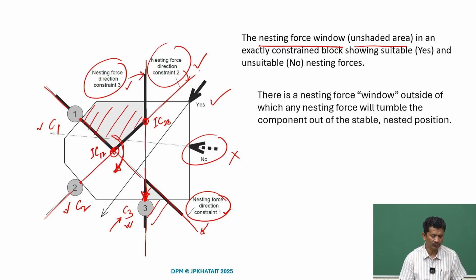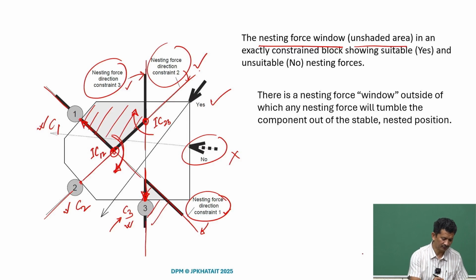But if you want to make contact with C1, it should push against post 1. So the nature of the moment acting at IC23 should be in this direction, which is again clockwise at IC23.